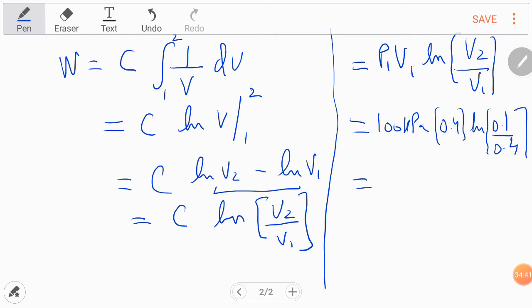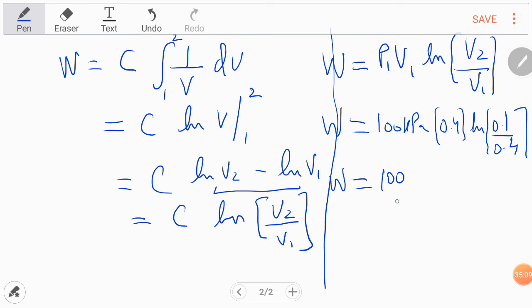Now solving this, by solving this equation the unit of work will be joules, but we are not opening this kilo of kilopascal, so the answer will come in the form of kilojoules. If we open this kilo as 10 to the power 3, then the answer comes in pascal.